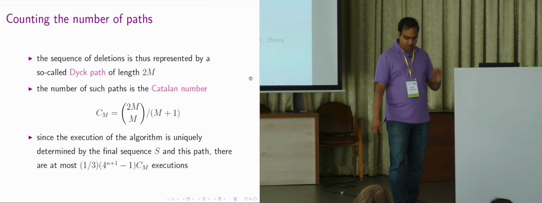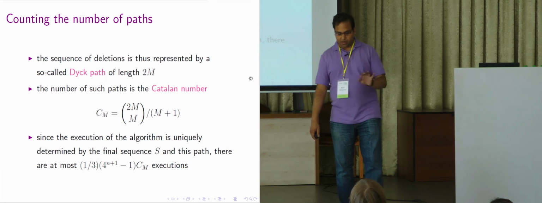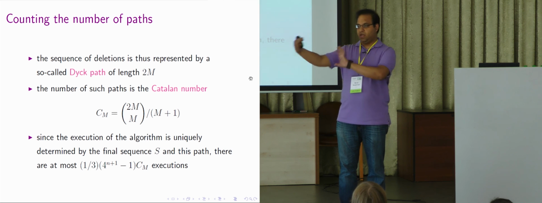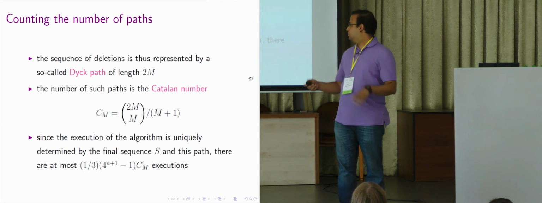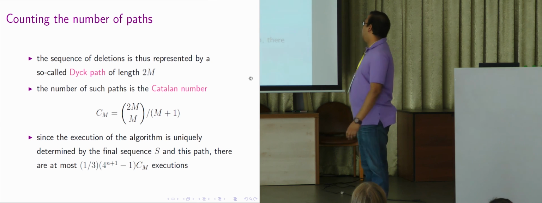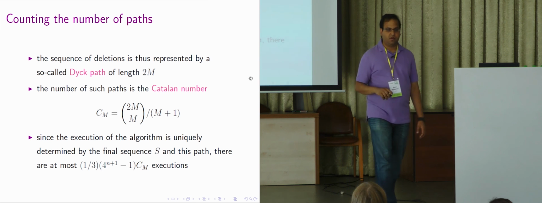And so remember that the execution of the algorithm was uniquely determined by the final sequence S, which is some string of length less than n, and this Dyck path.